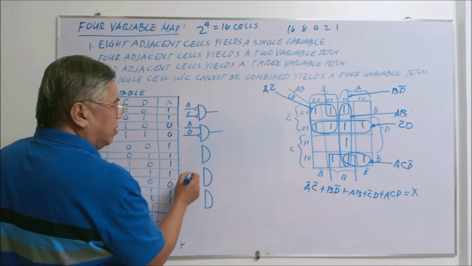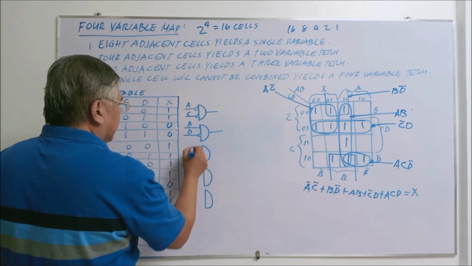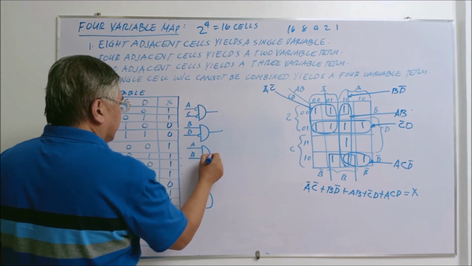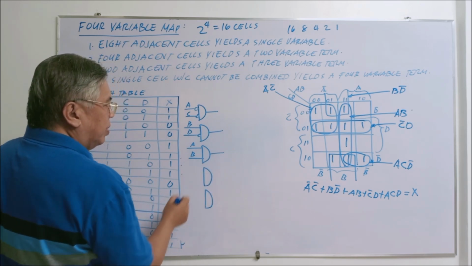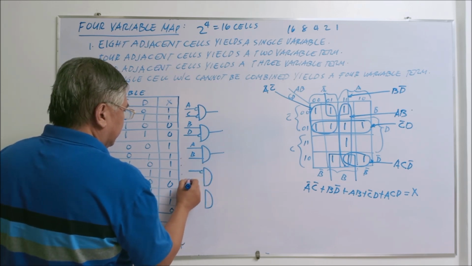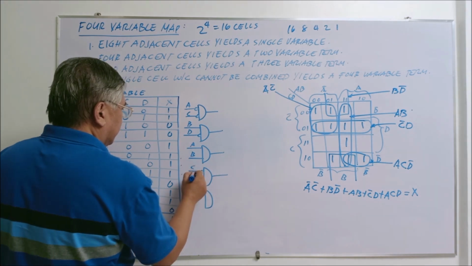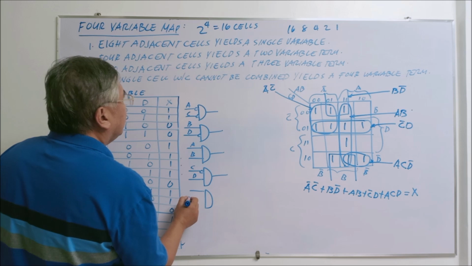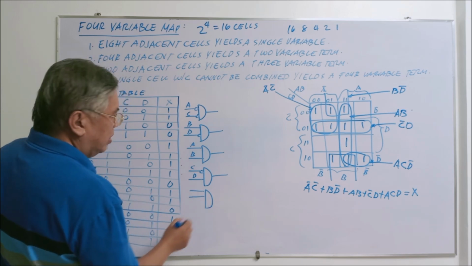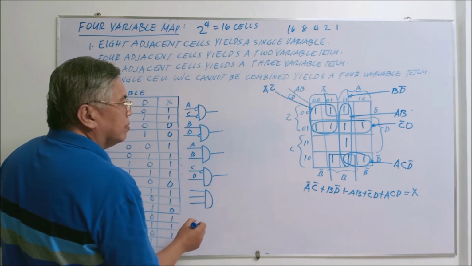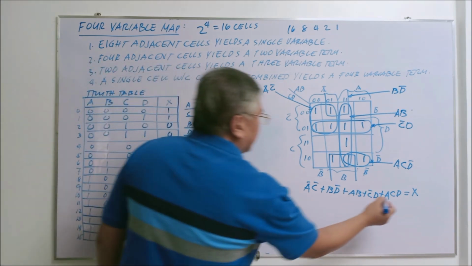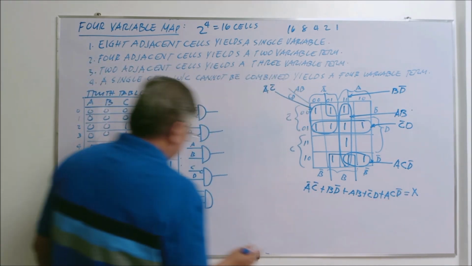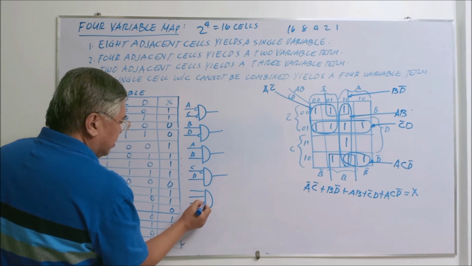Then A, B. Then you have C bar, D. Then you have A, C, D bar, I mean. So A, C, D bar.